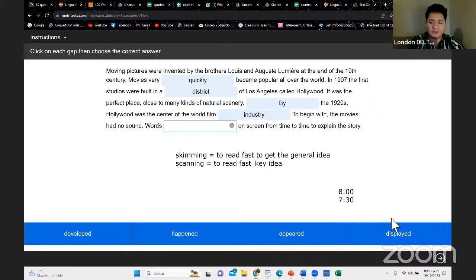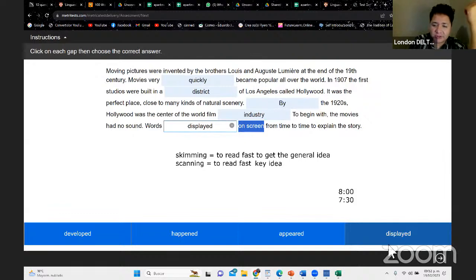Okay, so the correct one is displayed. And there are verbs that are specialized for some specific things. The key word here is on screen. If the words appear in another place, maybe you don't use display.